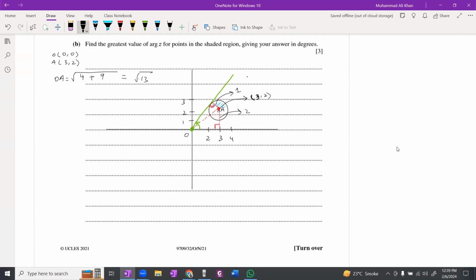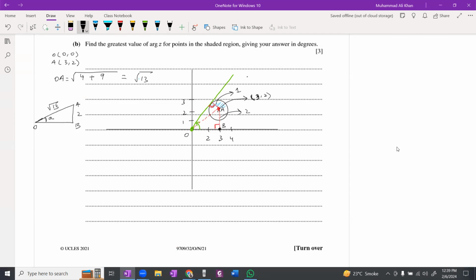अब अगर मैं एक ट्राइंगल यूज करता हूं, this triangle, here is O and let's say this is B, here is B and here is A. This is under root 13 OA and I'm calculating, let's say, angle A. This side is 2.